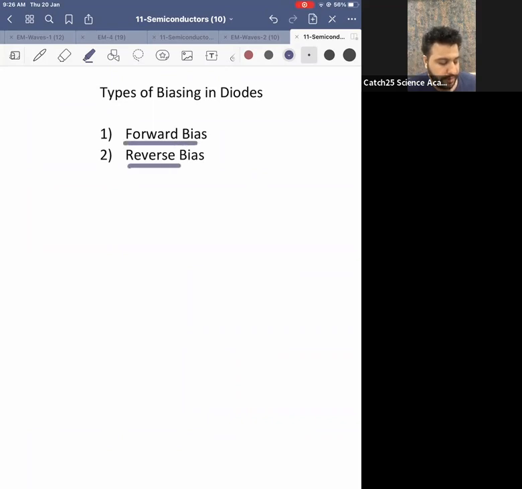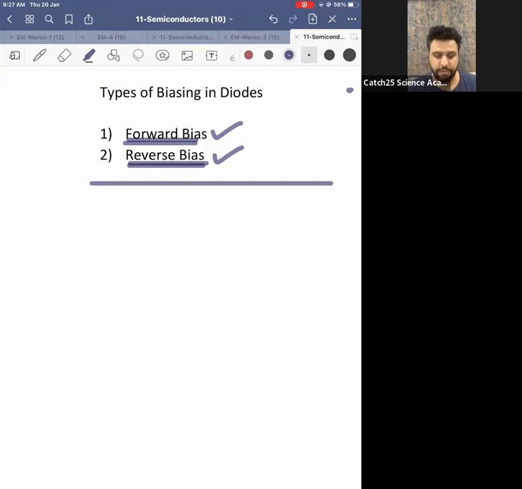Another one is called reverse bias. Okay, so we will study what is forward bias. We will study what is reverse bias, and then the chapter itself is over.